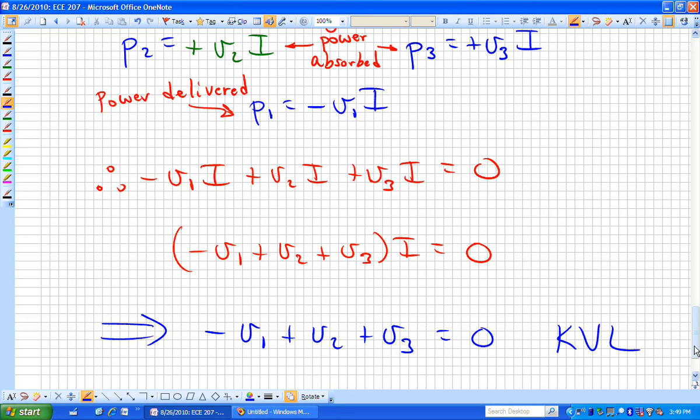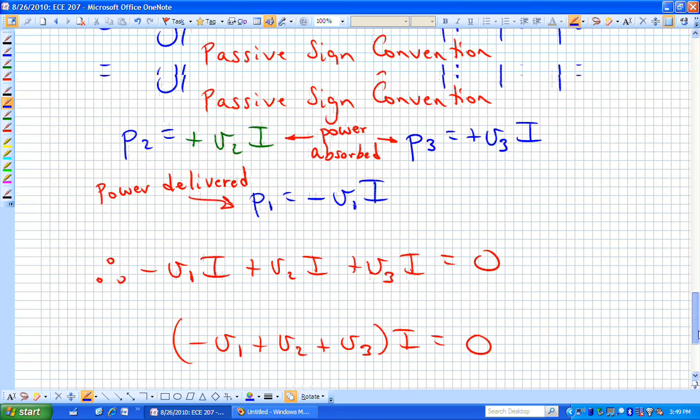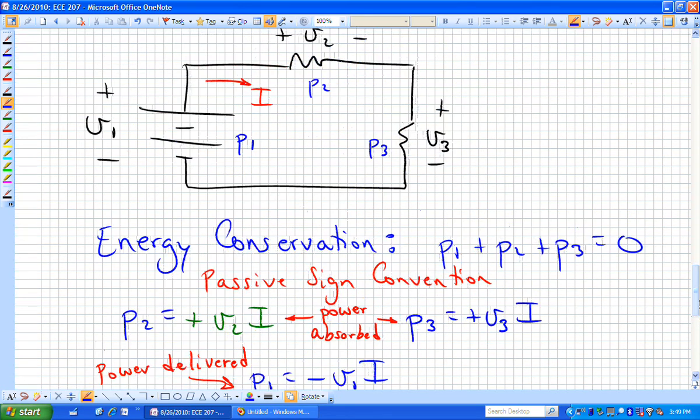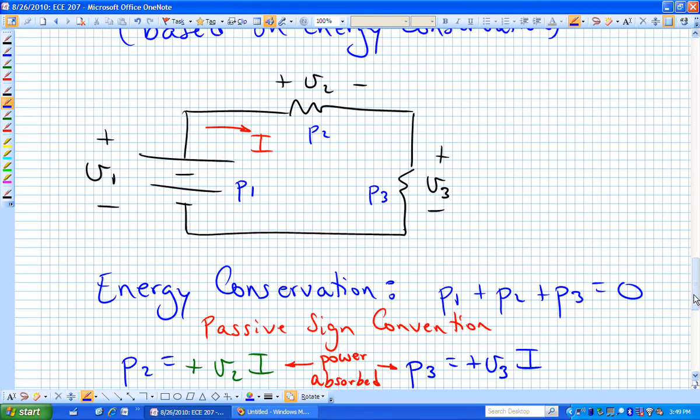And if you go back, so now we're saying minus V1 plus V2 plus V3 is equal to 0. How would we get that automatically or more quickly? If we are walking around this particular circuit or loop, starting in the lower left-hand corner, we now enter the negative terminal of V1 first. There's our minus sign. That's another way to apply the passive sign convention.